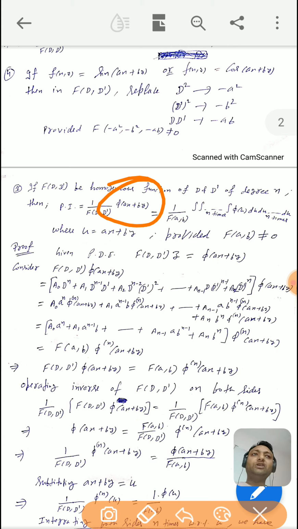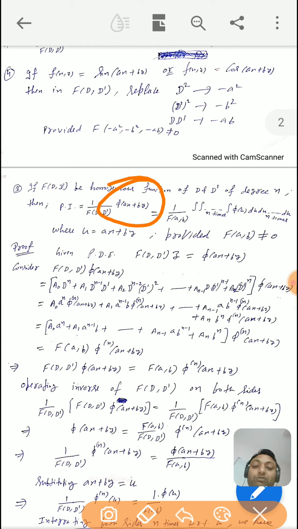Because that is the ordinary differential equation, we talk only of one independent variable, so there we solve some e power x, sine of ax, cos of ax and some polynomial. But here we may take any function phi which is a function of ax plus by.